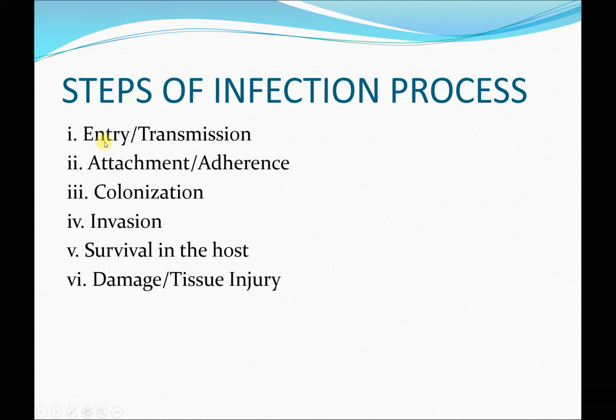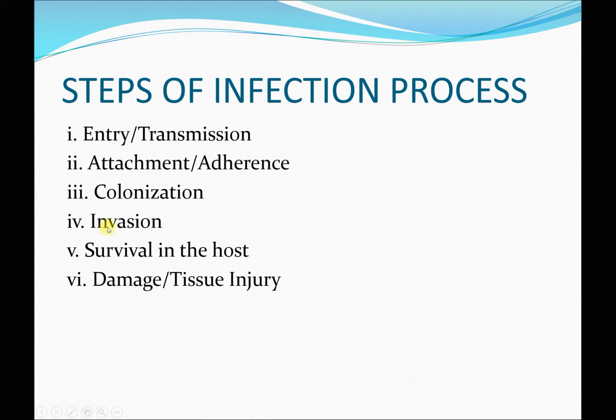The first step is the entry, or we can also call it transmission. The next step is a crucial step of attachment or adherence. Third step is of the colonization. The microcolony of pathogen is formed usually at the entry site.